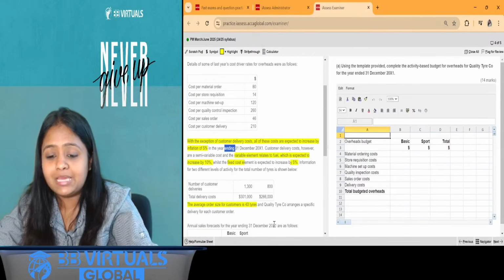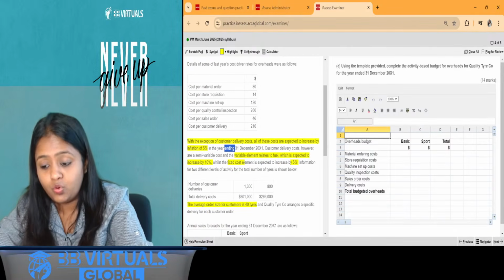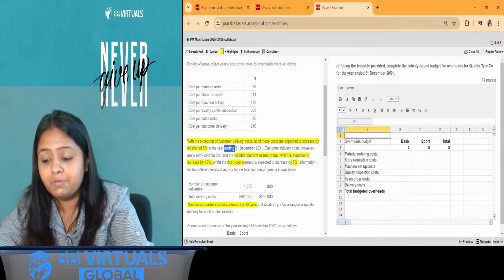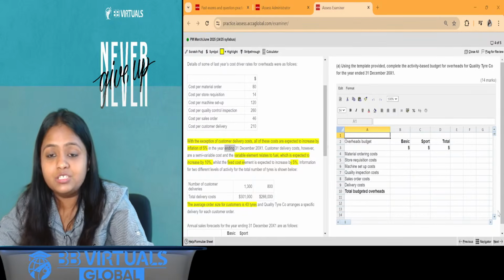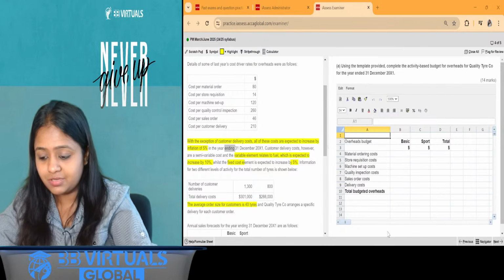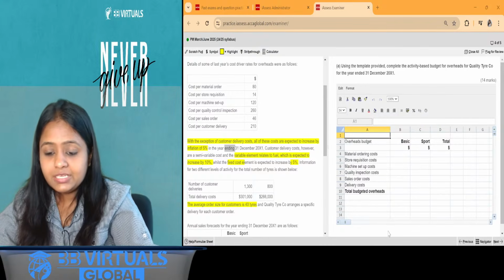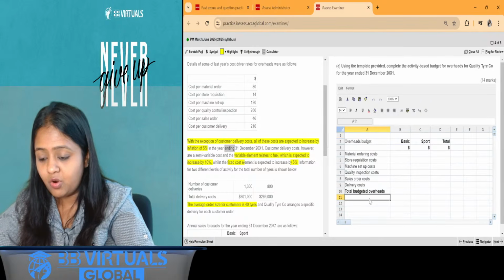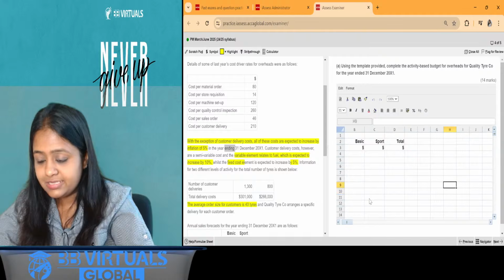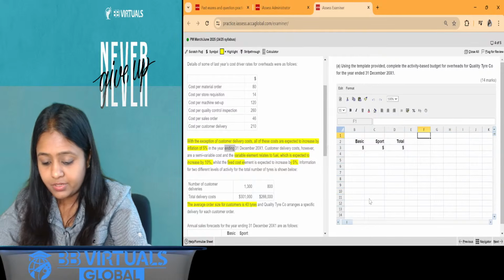So we will go step by step, and wherever I need you to do anything, you will be doing that. And I'll be preparing working notes for all the calculations. If you have anything to ask, you can put it in the chat box. Okay. Now, let's do this question. Now we'll start with the first one, material ordering cost. So what I will do is parallelly prepare the working notes.